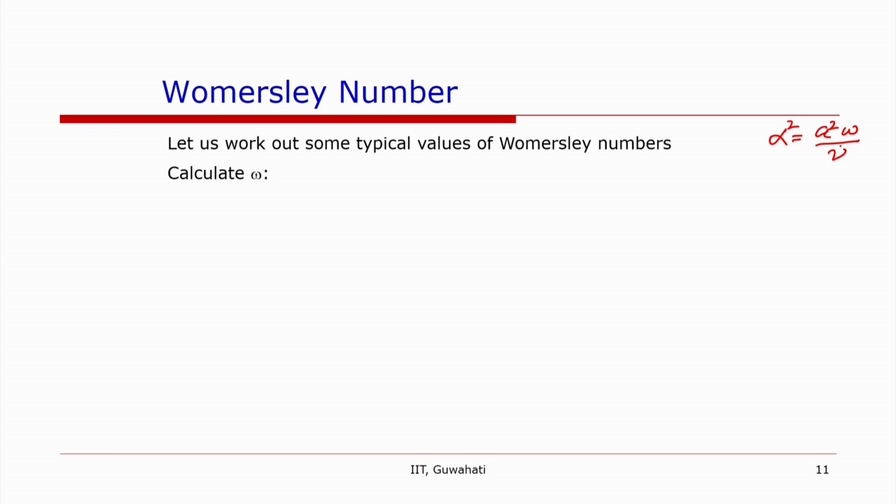As the radius of the channel varies in a system, we will have different radii, but omega and nu are going to be the same for one system. So the typical value of omega: we know that the heart beats 72 times per minute.